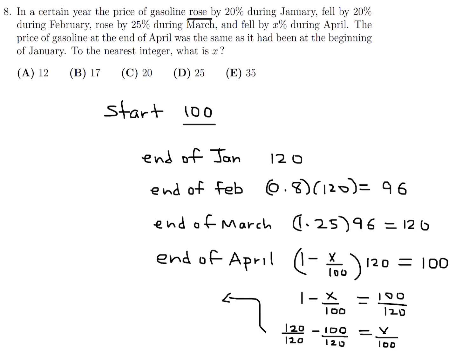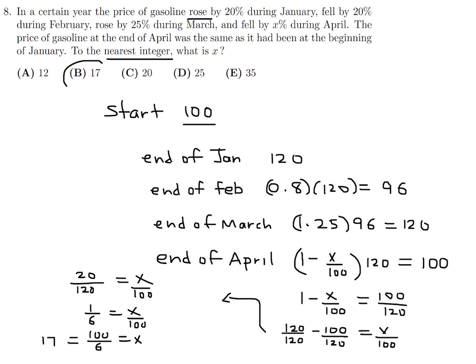And this looks like 20 over 120 is equal to x over 100. And let's see here, this will be 1 over 6 is x over 100. So therefore x is 100 over 6, and that is approximately 17. Approximately, right? Because they want it to the nearest integer. So number 8, the answer is B.